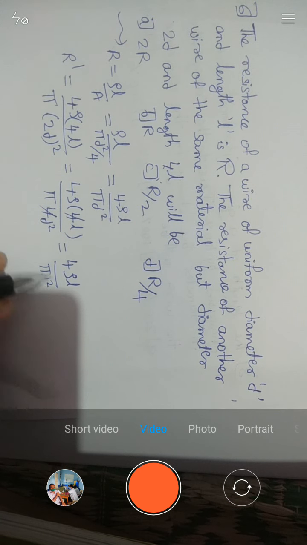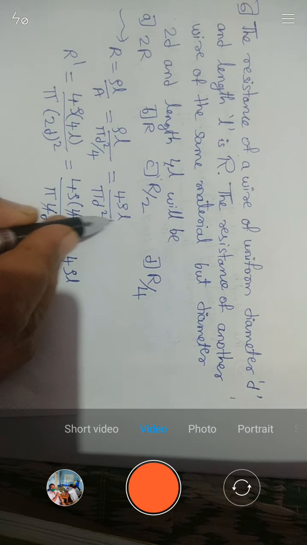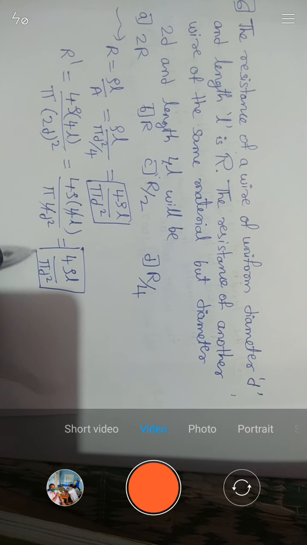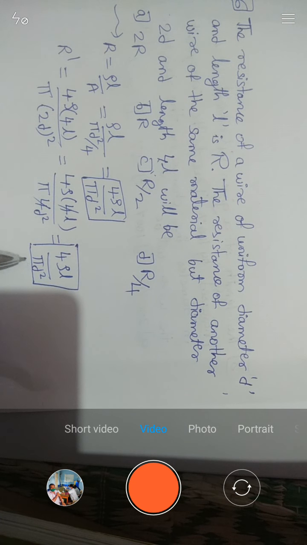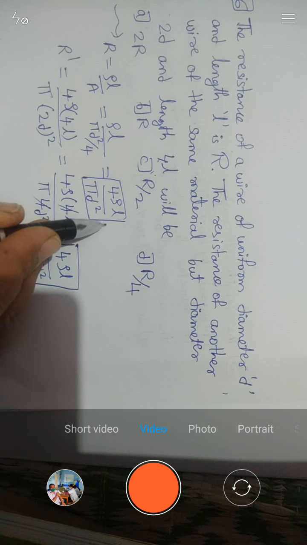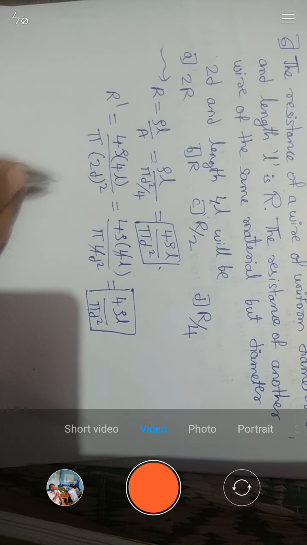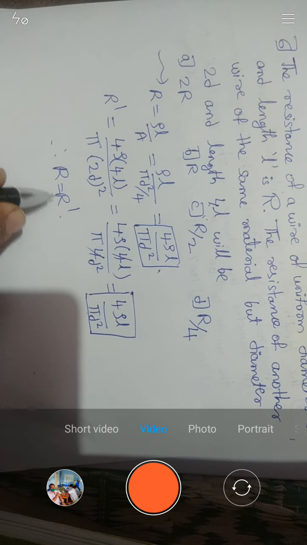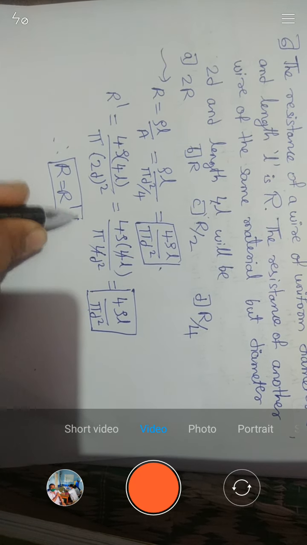And this is exactly equal to this equation, 4 rho L divided by pi d square. So the R value and R dash value are same, therefore R dash is equal to R.